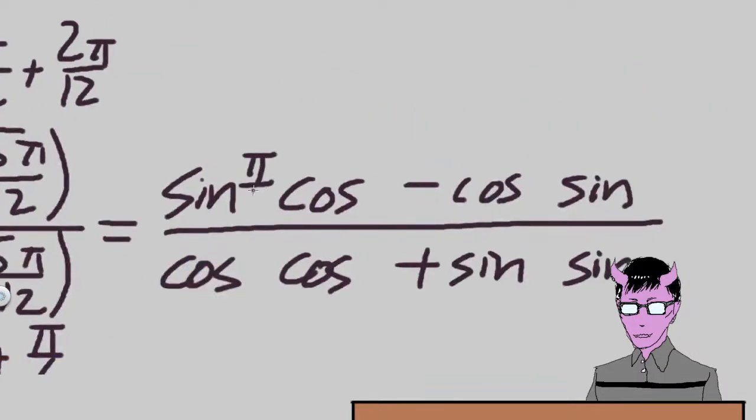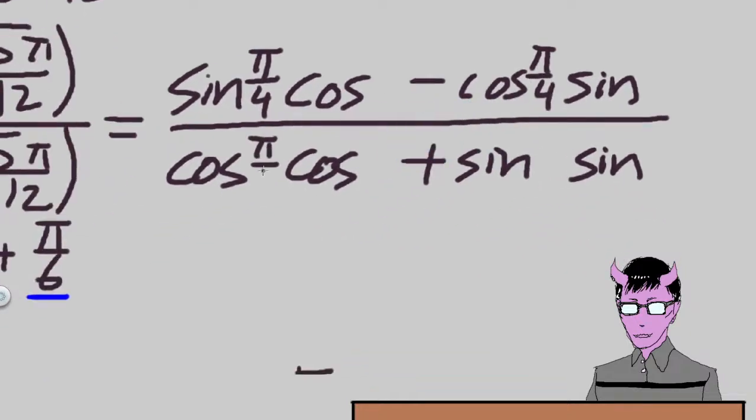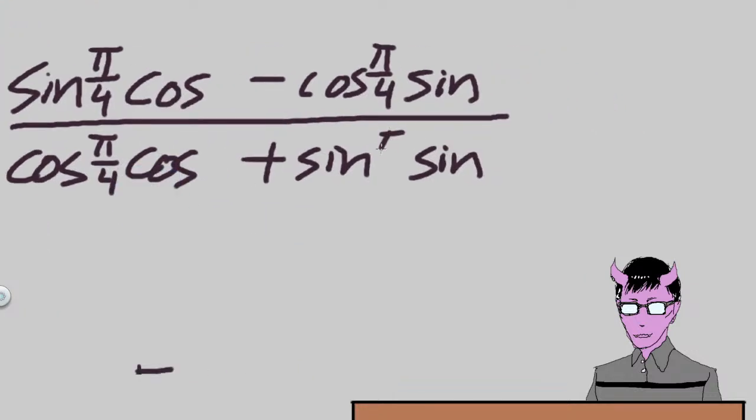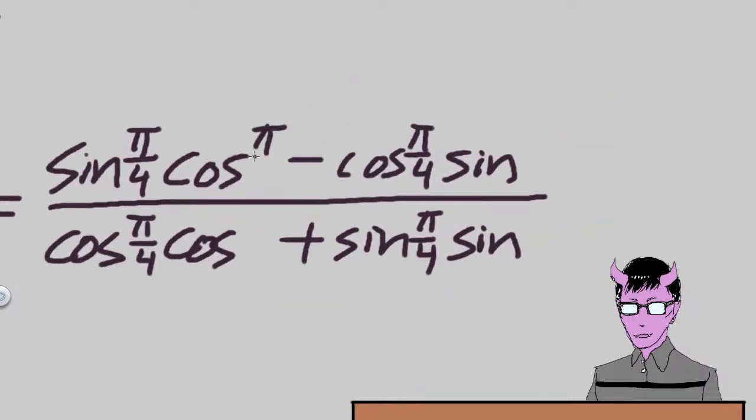So pi over 4, and same thing for the bottom one, pi over 4. I'm kind of mixing up my order of operations, that's fine. And pi over 6 is for the second term. So I'm kind of going chaotically.